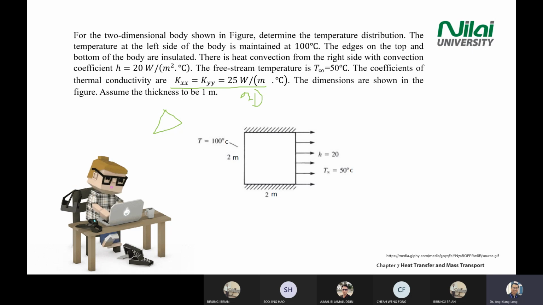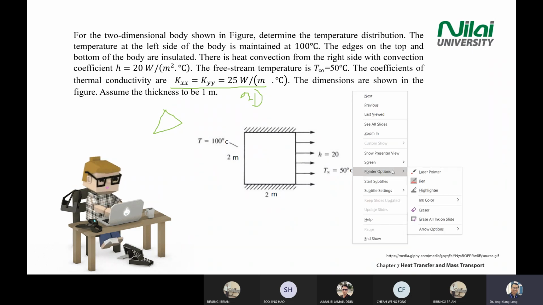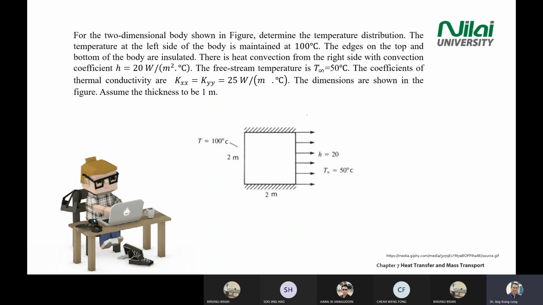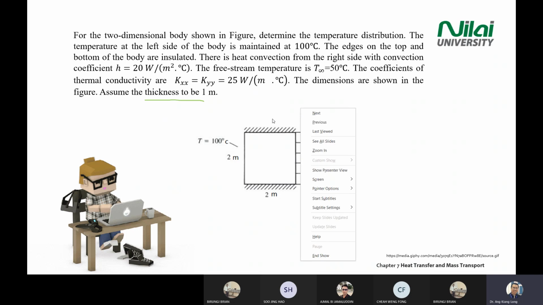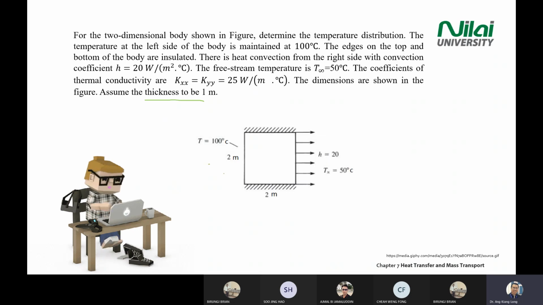If in the question you're only seeing kxx, then you use the first session strategy. All right, thickness assumed to be 1 meter. So how do we solve this question? Okay, if you draw this one as three-dimensional, thickness is 1 meter.